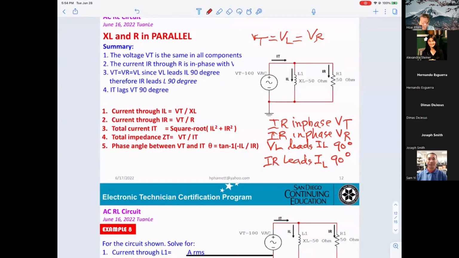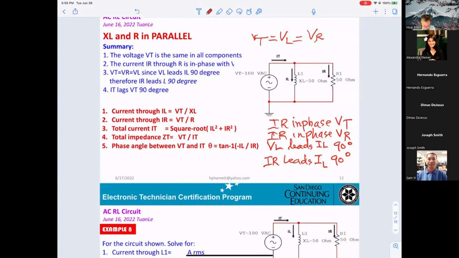Now they're telling you, if you want to calculate the current IL, you take V total divided by XL; the current through R, IR, is V total divided by R. However, if you want to calculate the total current, you cannot add IL and IR, because they are not in phase.